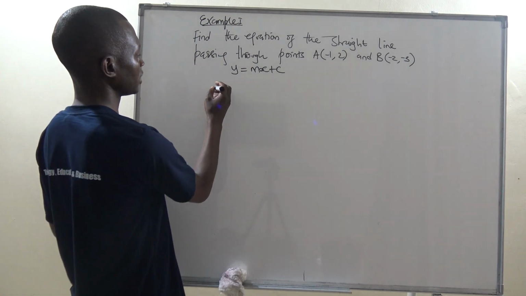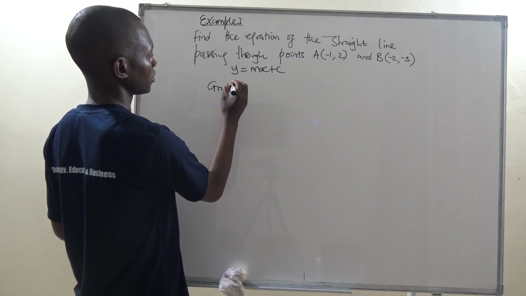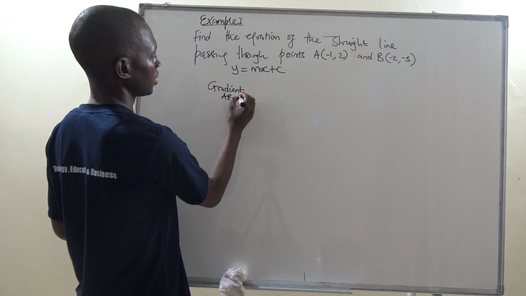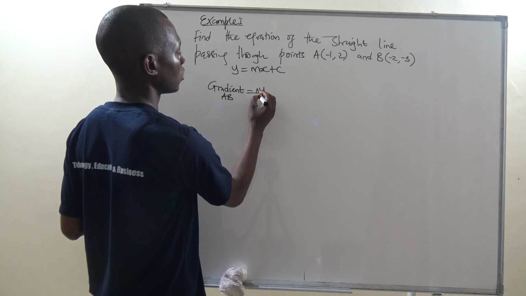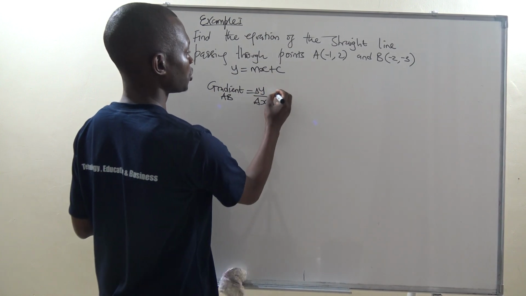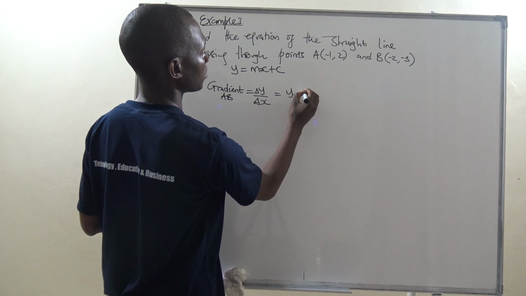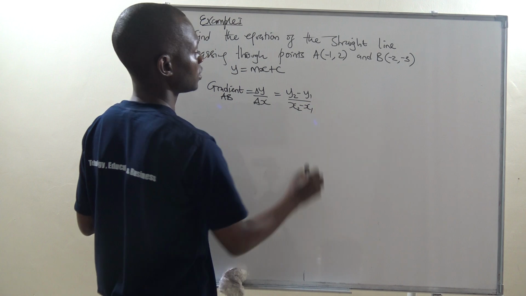For us to get the gradient of the line AB, as I told you that it's got from change in y all over change in x, which will be y2 minus y1 all over x2 minus x1.